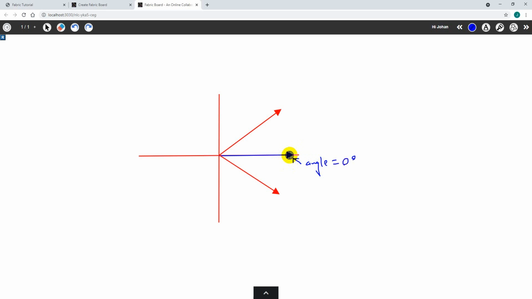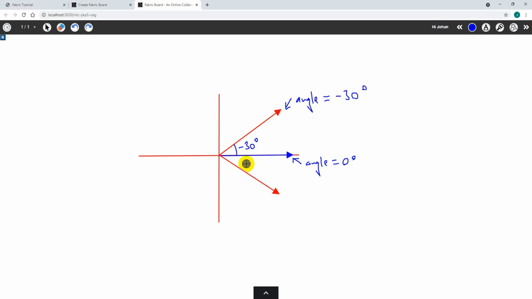Now for Fabric, when it goes up, the angle is not positive. For this it will be negative, let's say for instance negative 30 degrees. So when it goes up, it is negative 30 degrees, and the angle for the triangle must be negative 30 degrees over here, so that the triangle would be pointing in the correct direction.